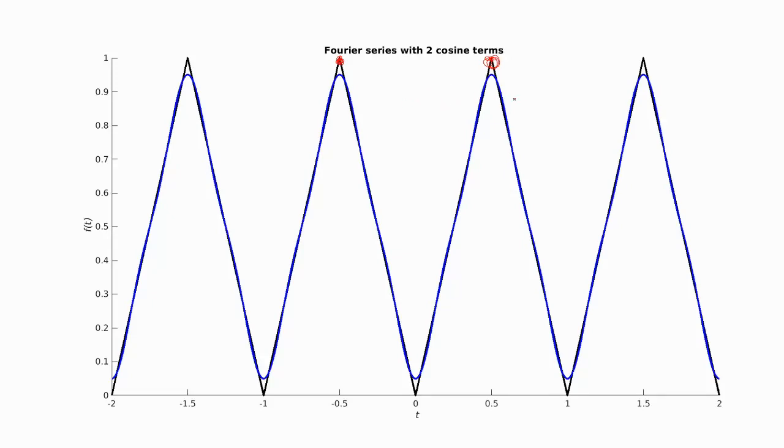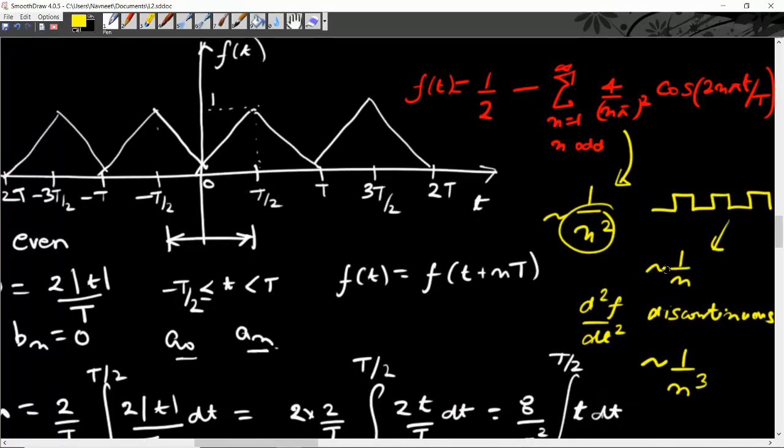A sum of continuous functions will be a continuous function. So at the edges we'll never be able to represent these sharp edges with the Fourier series. Even though by increasing the number of terms we go pretty close to this edge, we'll never be able to represent this sharp edge with a finite number of terms. So this brings us to the end of this lecture.